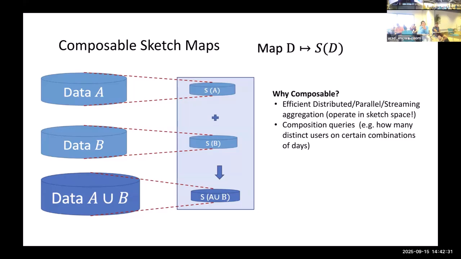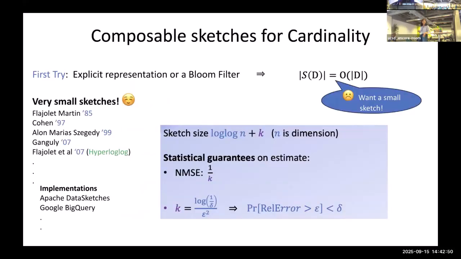Because then we can do distributed computation: we can distribute our data and do parallel computation. It's also good for answering composition queries, for example, what happened on certain combinations of days.